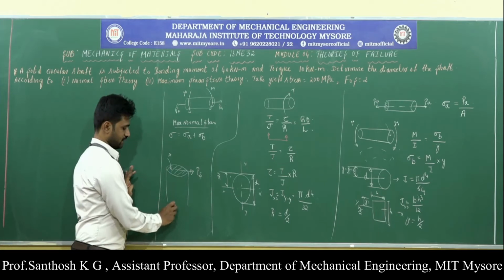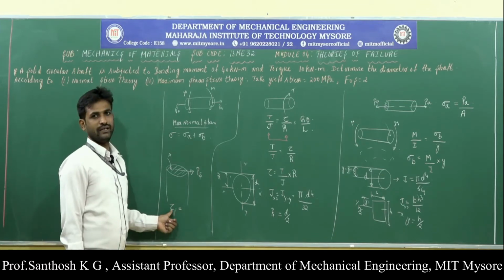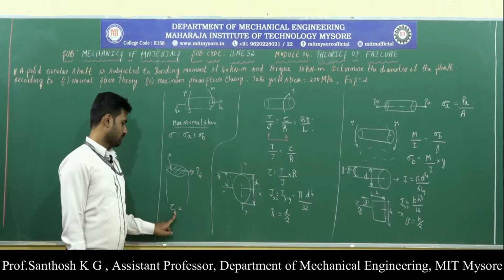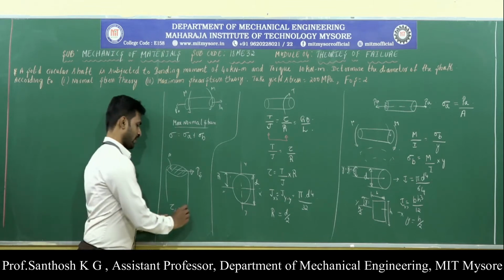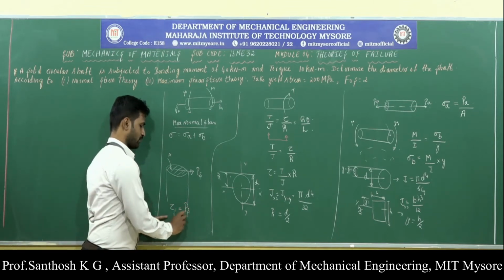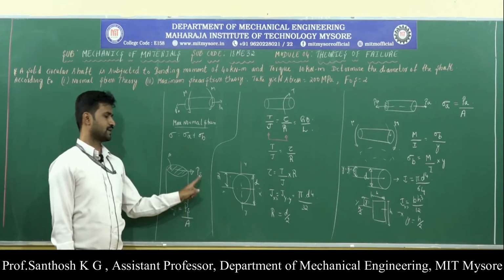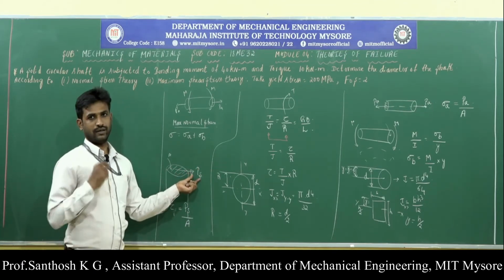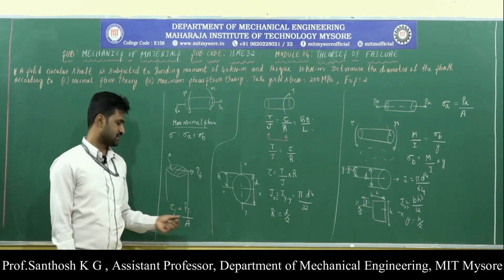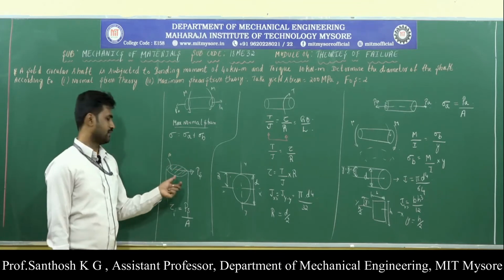So if the load is acting tangentially or parallel to the given cross sectional area, then the type of stress induced will be a shear type, and we are going to denote that shear stress as a transverse shear stress, and it can be calculated by using the formula load divided by cross sectional area. So here PS represents the transverse load, or parallel load or tangential load, divided by A, which is the cross sectional area of a given member.